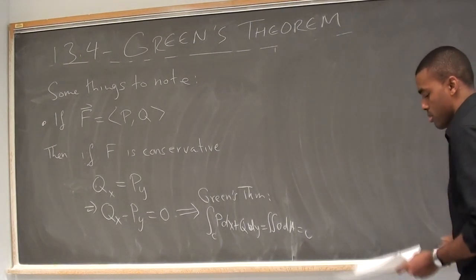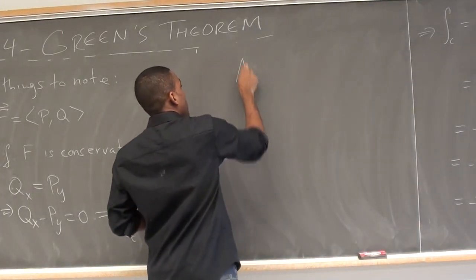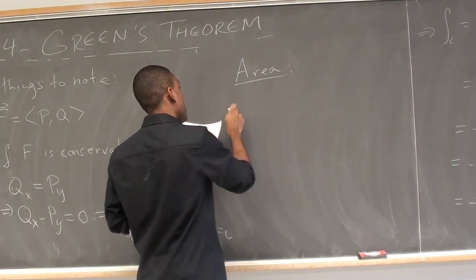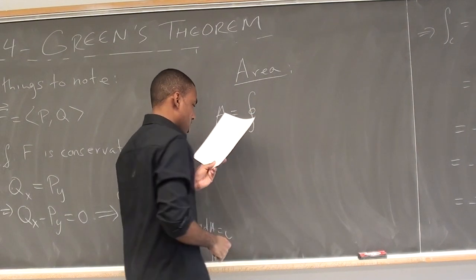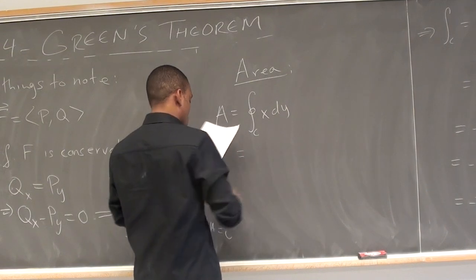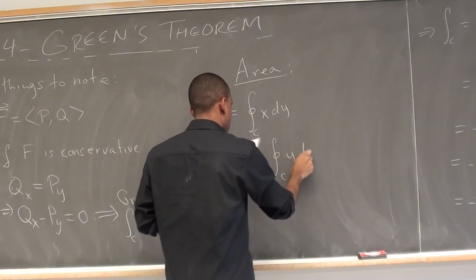One more thing to mention, which is mostly for problems on the homework: area. You can compute area by the following integrals. The line integral around C of x dy. You can also compute it by minus the line integral around C of y dx.